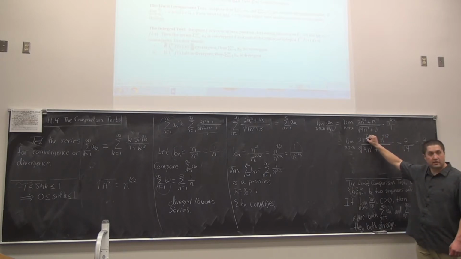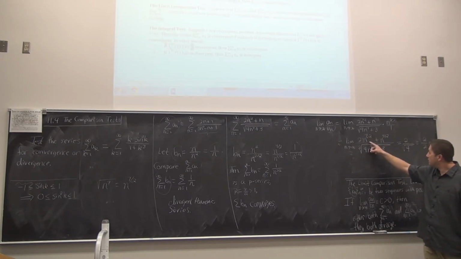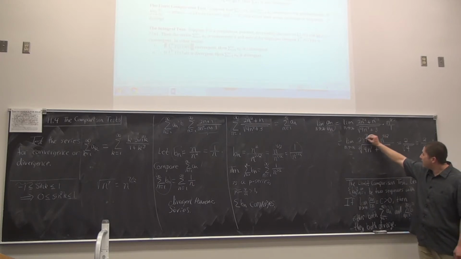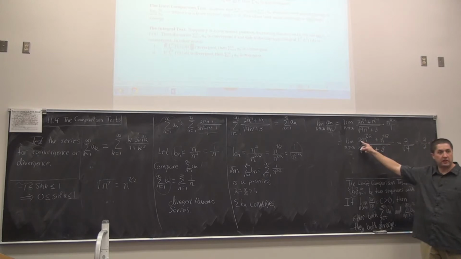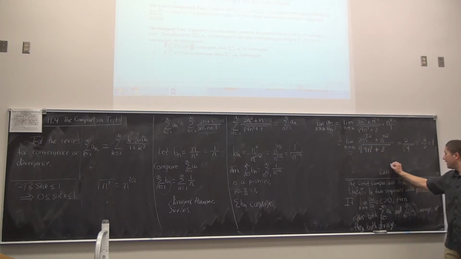Right here, yes. Well, the power 7 halves is not affecting the 2 itself. Oh, okay. Unless it looked like this. If it looked like this, that'd be absolutely right. We'd have the root of 2 to the power 7, some huge, huge number. Okay, that makes sense. Other questions so far?